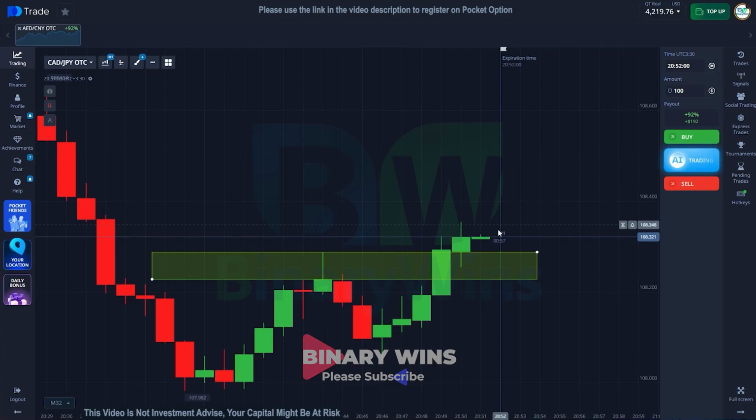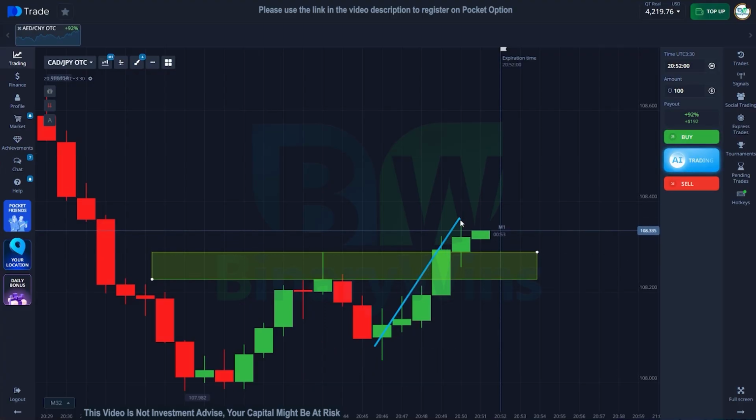I am waiting for the candle to go down and get rejection from our level. And after receiving the rejection, I enter the higher trade. We missed the opportunity to enter the trade.